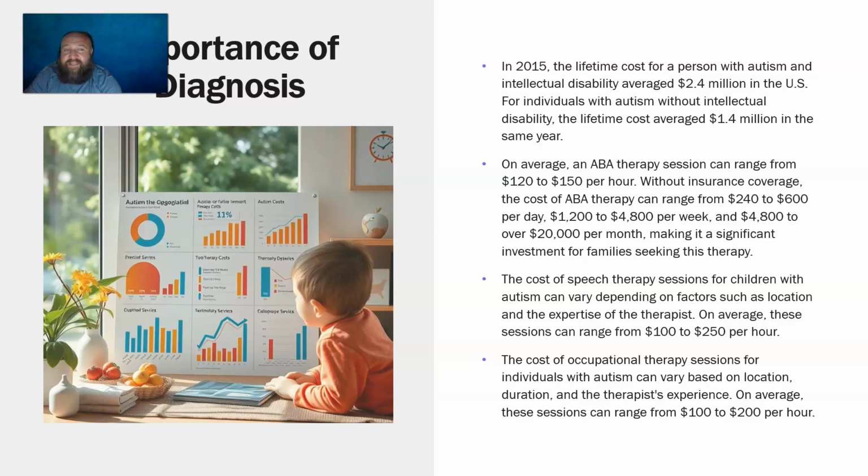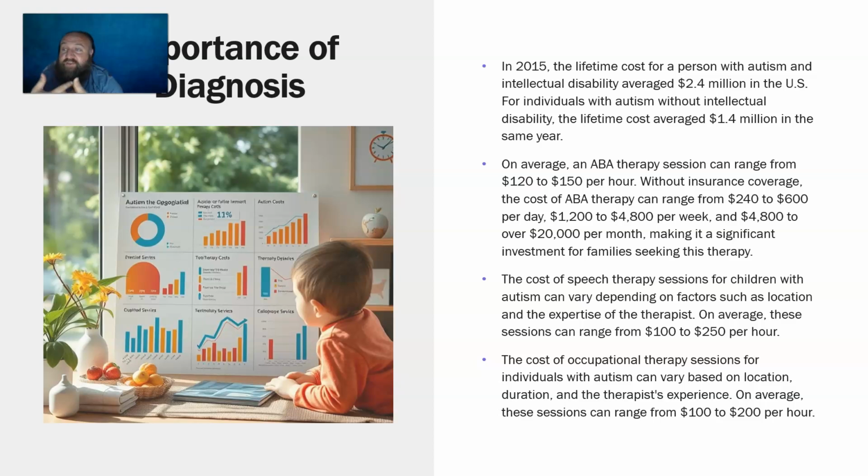But in 2015, the average was about 2.4 million per person over their lifetime. That's both direct medical expenses, lost income, and expenses put on society and on the family over that child's or adult's lifetime. That's a lot of money.